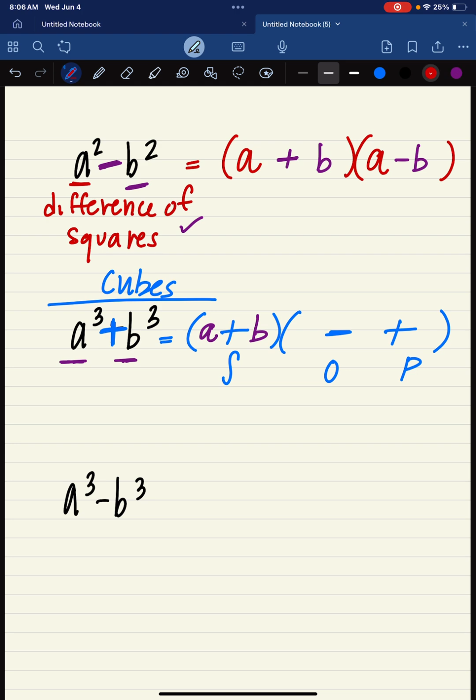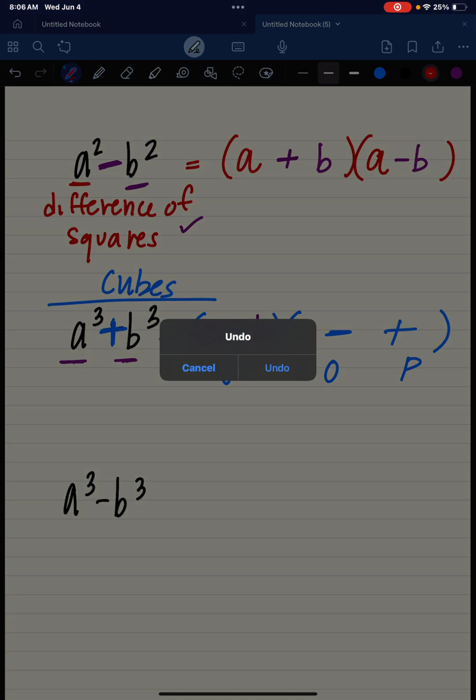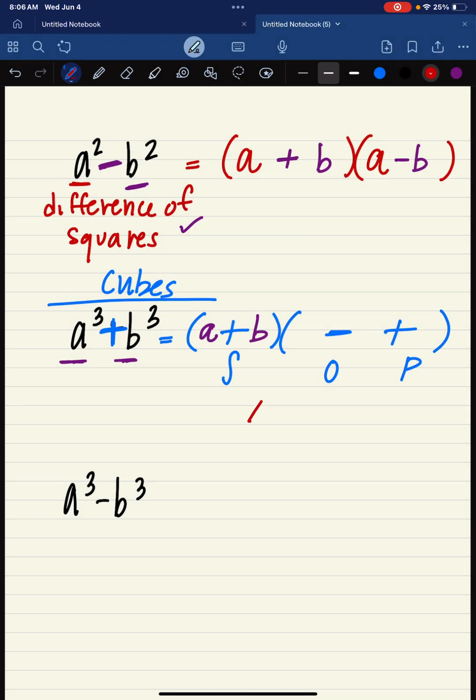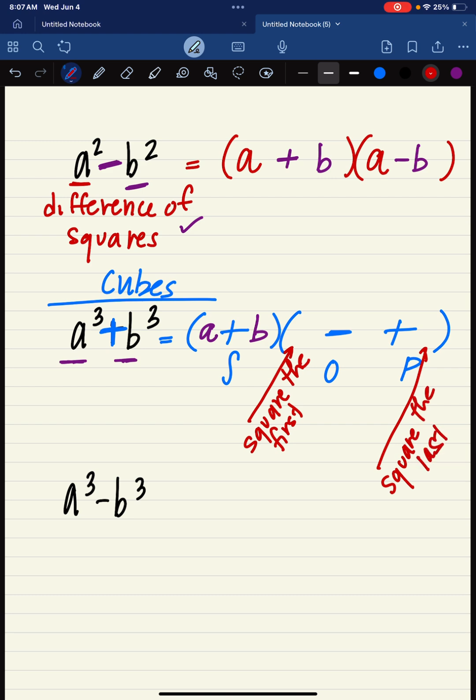And your last step is to decide what goes in the back. And the way that you decide what goes in the back is you square the first. Always jump to the back, square the last. And in the middle, you're going to multiply together.